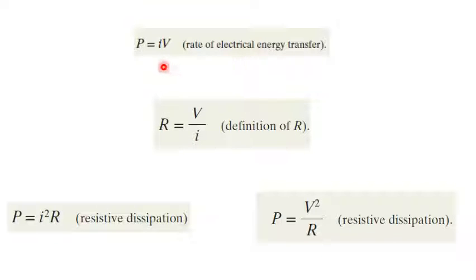Now, we said that the power in a circuit equals the current in this circuit multiplied by the potential difference in this circuit.